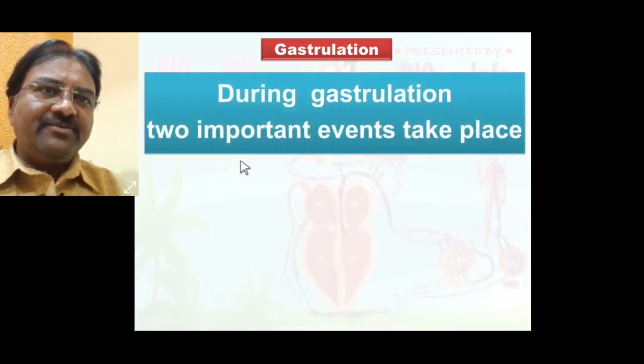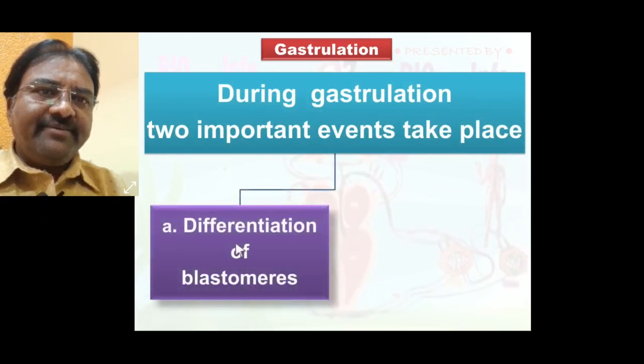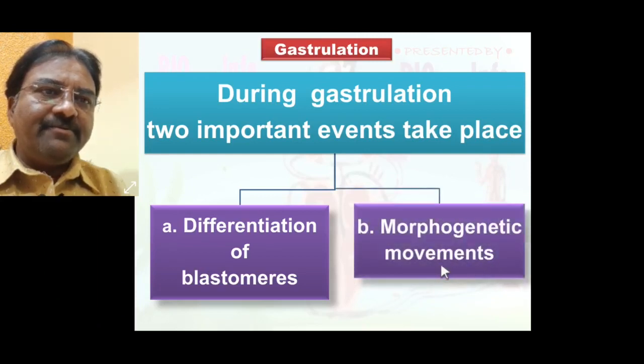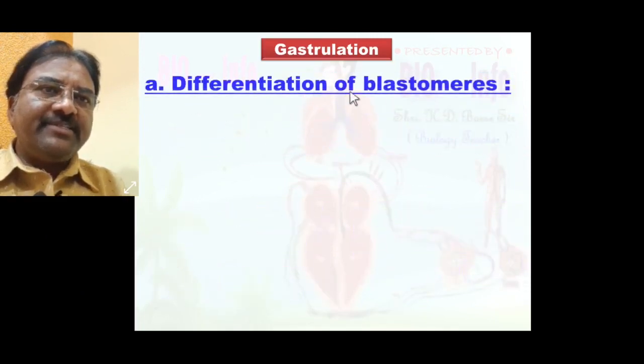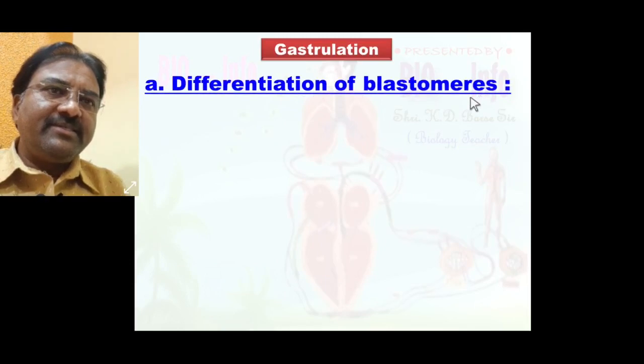During gastrulation, two important events take place: differentiation of blastomeres and morphogenetic movement. We will see them one by one. The first is differentiation of blastomeres.